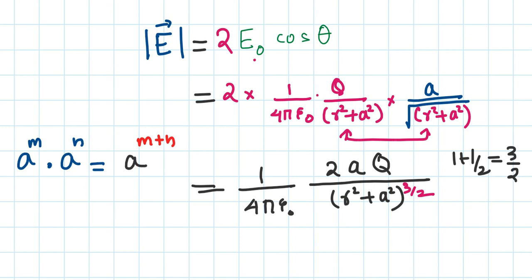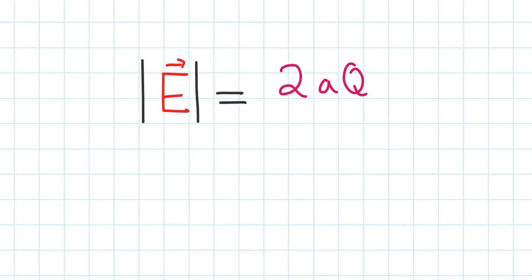So now you have the total expression for the electric field at an equatorial point. Sorry for the break, but yeah. Let us see what that total expression looks like. The magnitude of the total electric field E is equal to 2 times AQ divided by 4 pi epsilon 0 times r square plus a square the whole raised to 3 by 2.